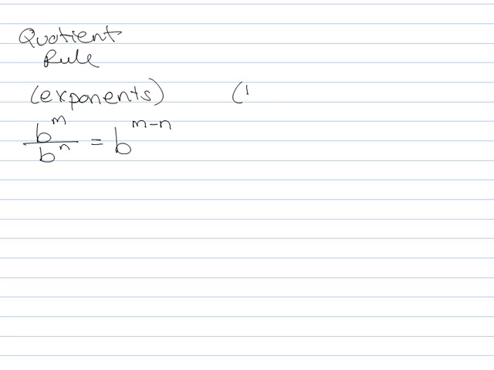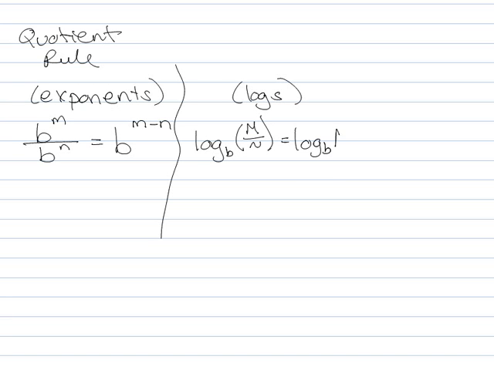Well, in logarithms, the equation is similar, kind of, again, like the other one was kind of similar. It is log base b of m over n is equal to log base b of m. Now see if you can guess what the rest of this is going to look like.